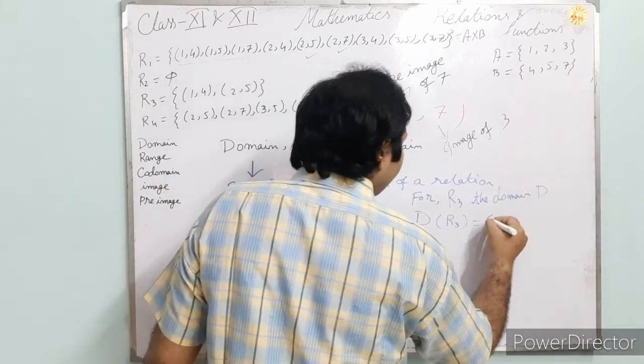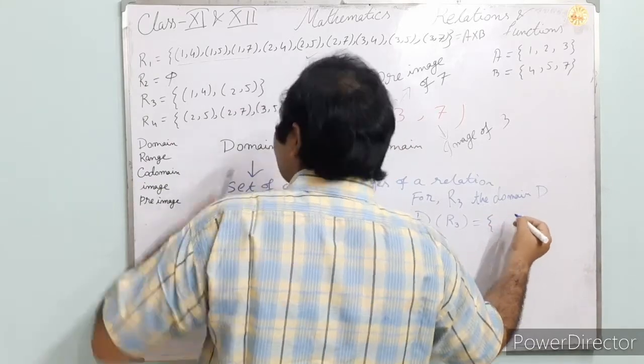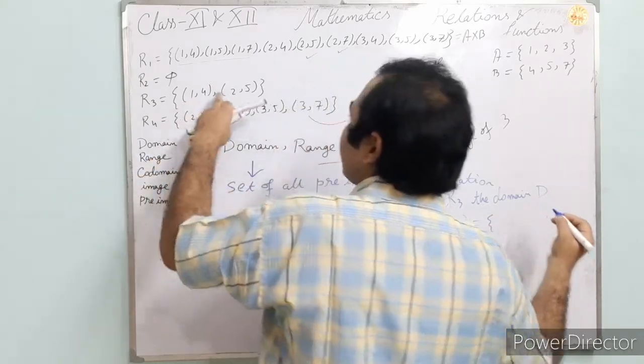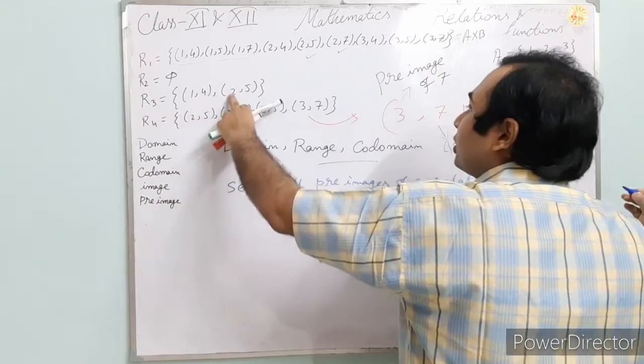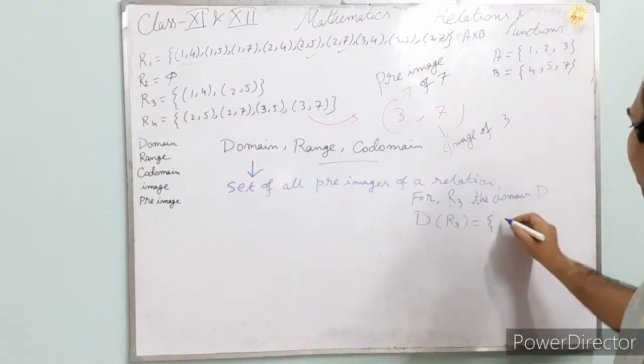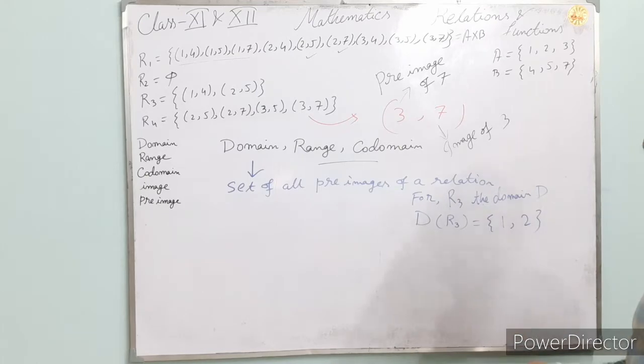So here the domain of R3 will be, just see, 1 and 2, the pre-images. Pre-images means the first coordinates or the first elements of the ordered pair. So here it will be 1 and 2 only.